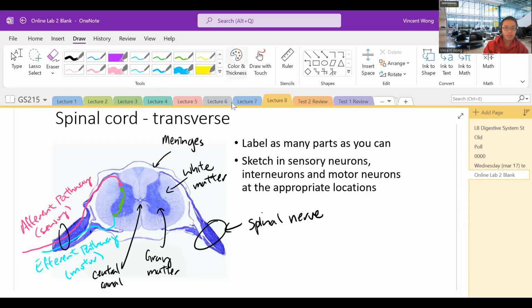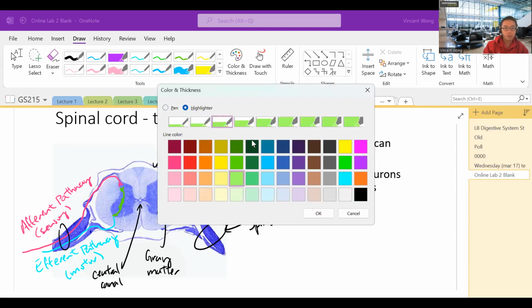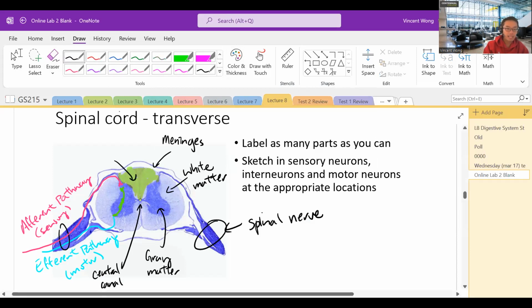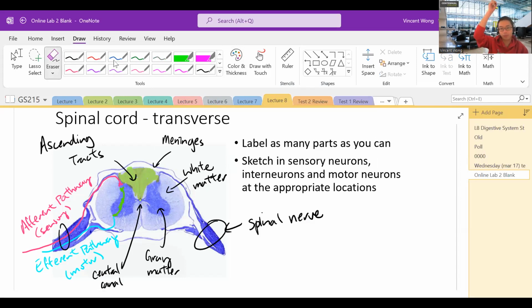Couple other things that you might want to label over here at the back. This area contains the ascending tract. Ascending tracts go up to the brain, right? Sends the sensory information up.